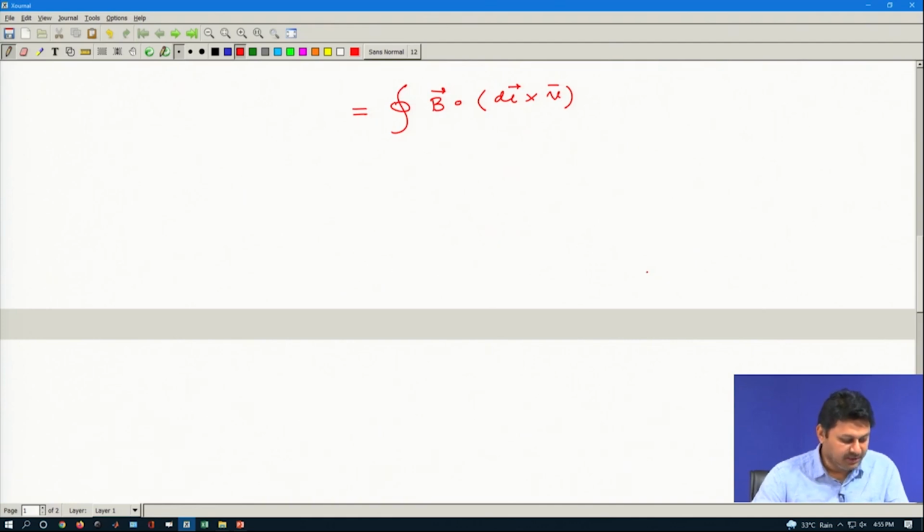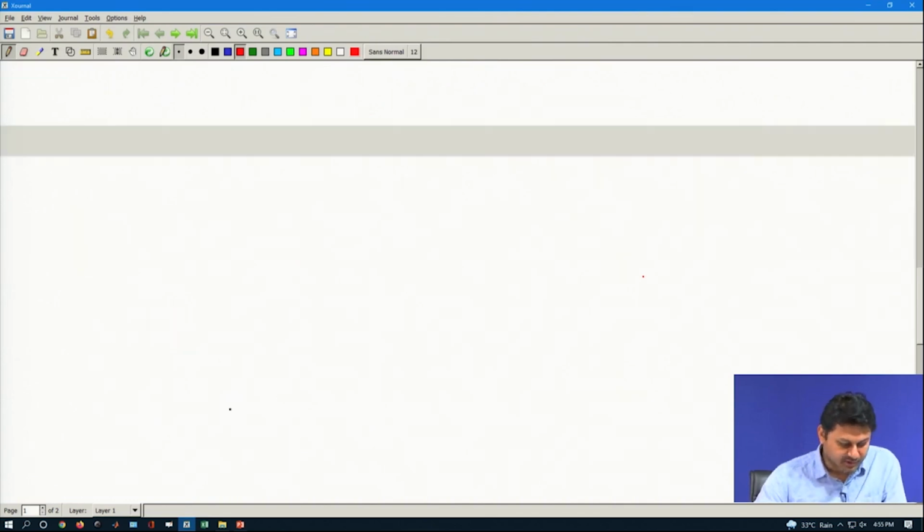One application of this expression is called the Faraday disk generator.